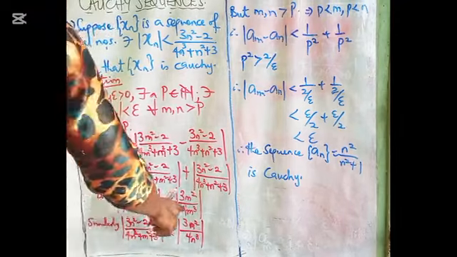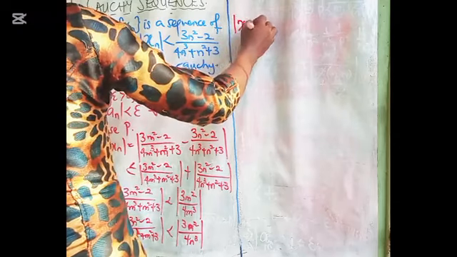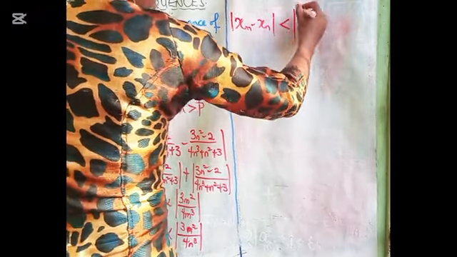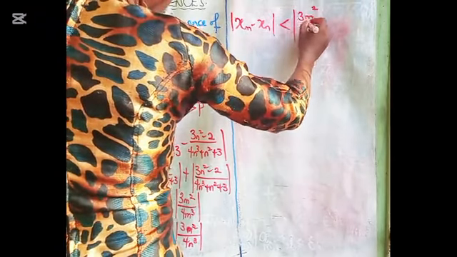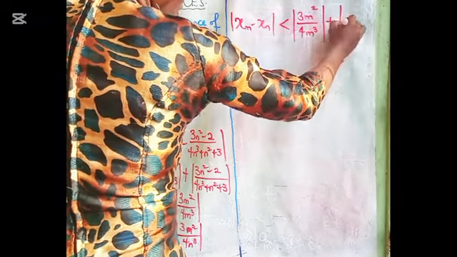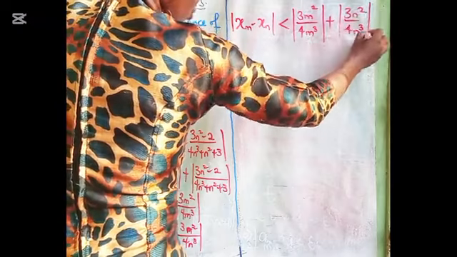And so we can use this to replace that. We have x sub m minus x sub n to be less than the absolute value of 3m squared over 4m cubed plus 3n squared over 4n cubed.